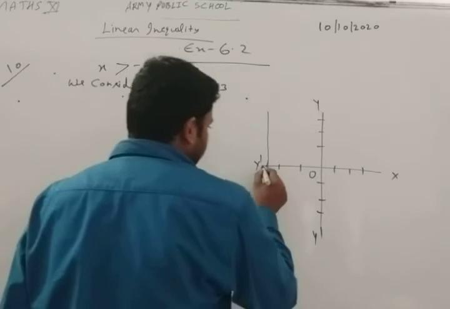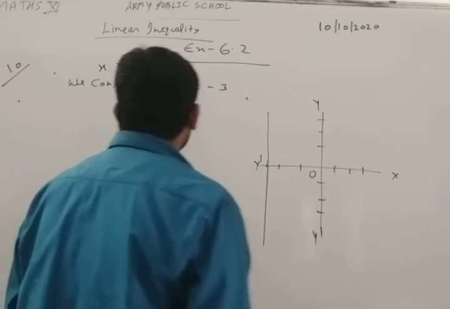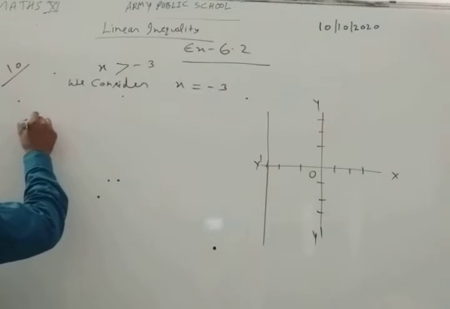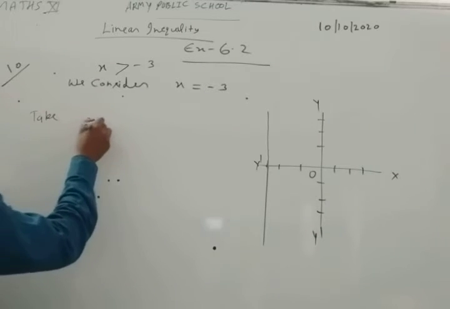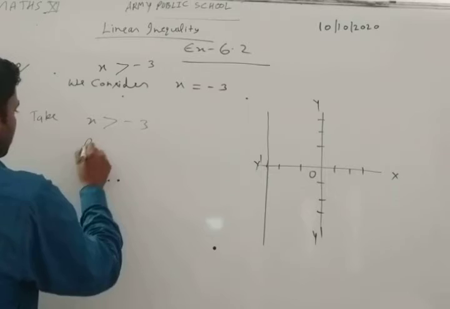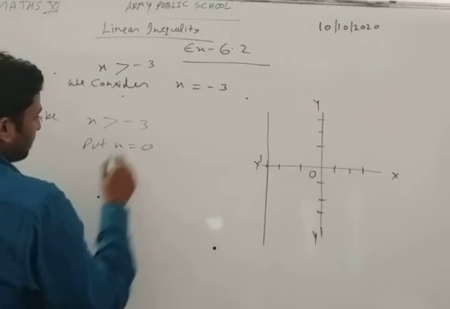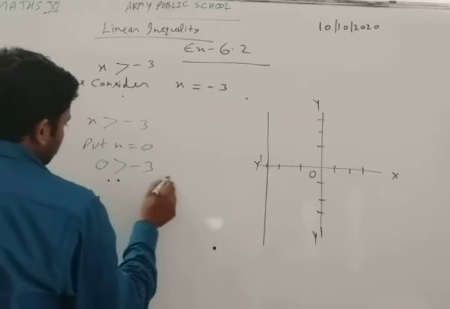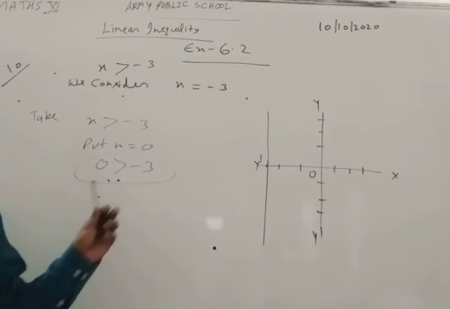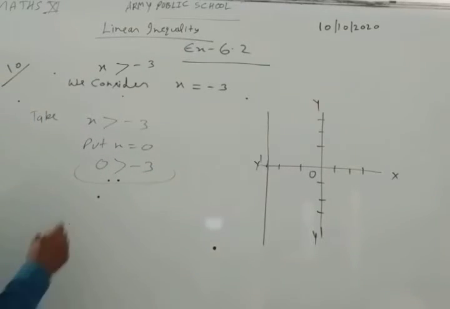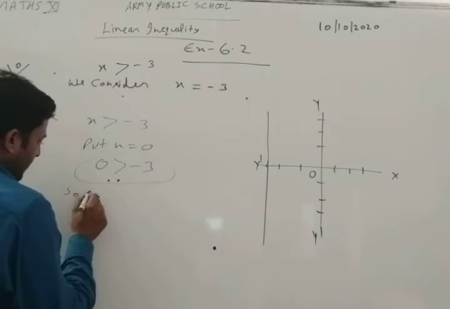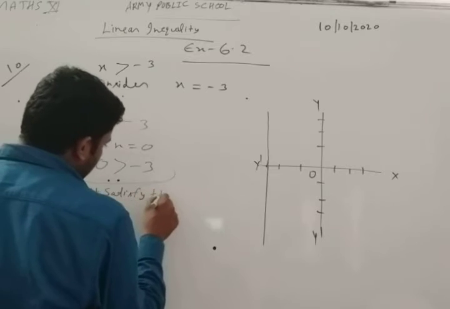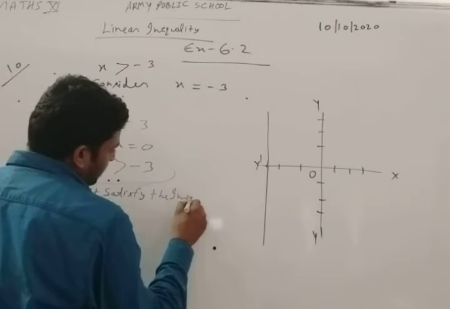Now we will check the origin. Take x is greater than minus 3. Put x is equal to 0. So 0 is greater than minus 3, which is true. So it satisfies the inequality.